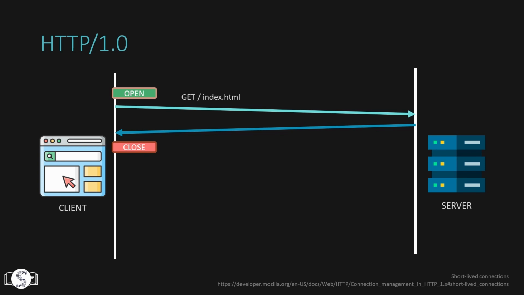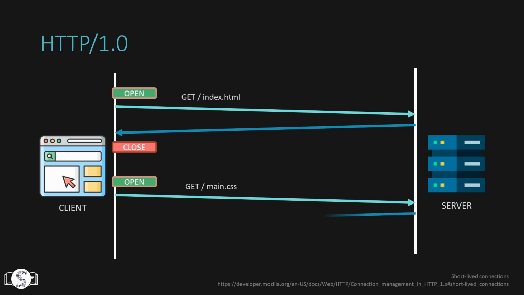If the client wants to make another request to the same host, it must open another new TCP connection again. And once the client receives the response, it will close the connection again. This process will continue until the client has downloaded all the resources. This type of connection is also called a short-lived connection.